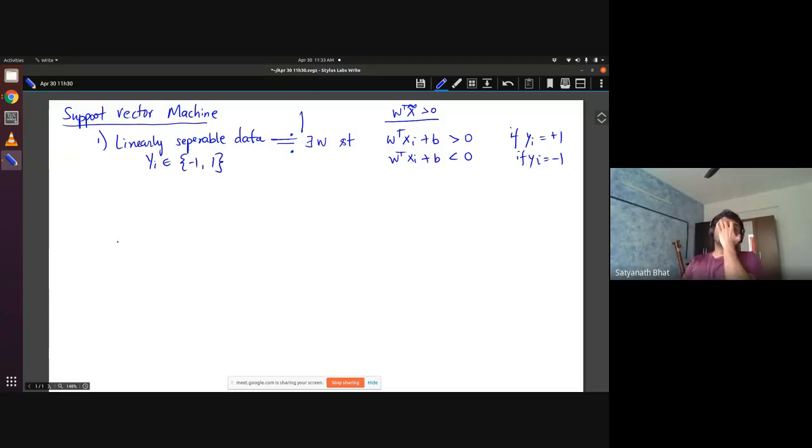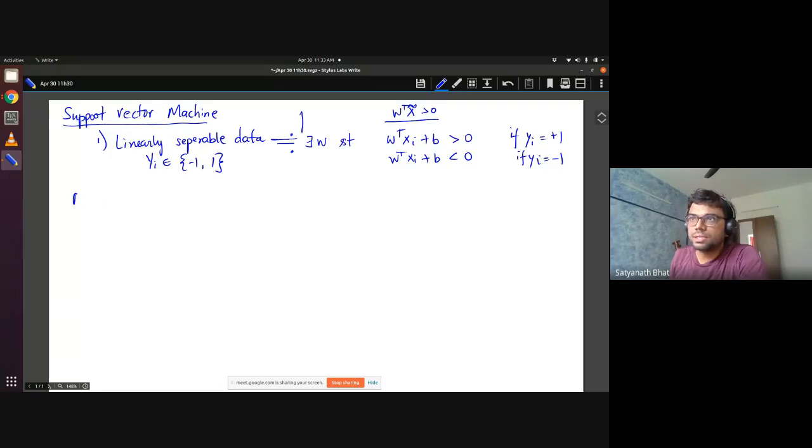The first variant of support vector machine that we will be studying is where we are given input data which is linearly separable. The idea is we would like to find, amongst all possibilities, the largest margin. So we wrote the SVM primal.